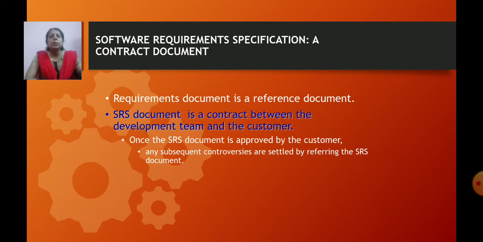Then the customer approves the SRS document, and it acts as a contract between the development team and the customer. If there is any controversy or doubt, they refer to the SRS document.